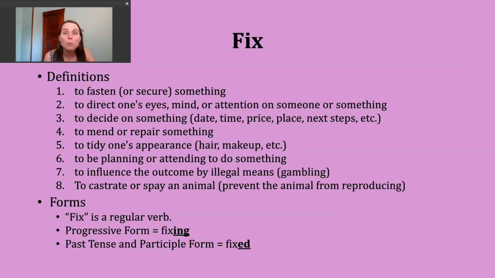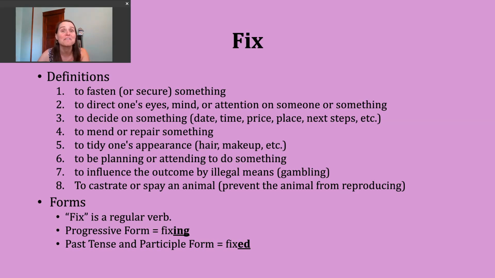And the way you might hear it be used is we have fixed a date for this event, right? So which means kind of like we've selected or picked a date. This verb fix gets used when people select dates, times, prices, places, maybe even a plan like next steps.